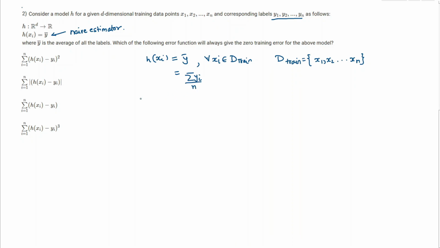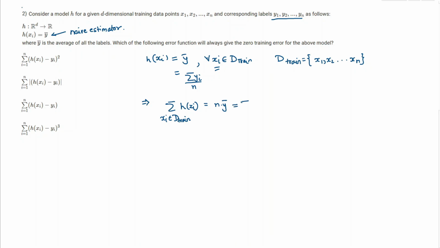Now this means that this should hold for every element in D-train. So if I take the sum of all h(xi), where xi belongs to D-train, that would be nothing but n times y bar. And what is n times y bar?